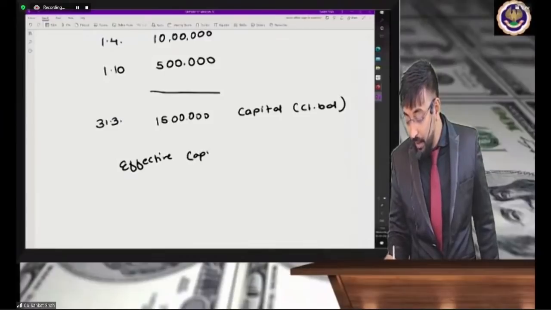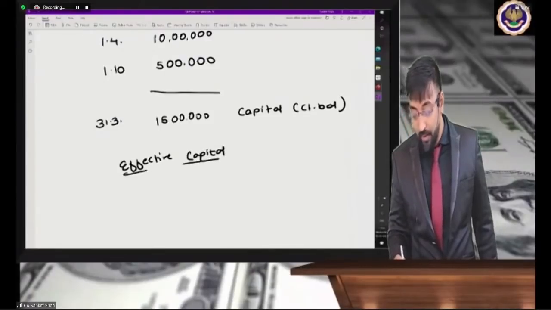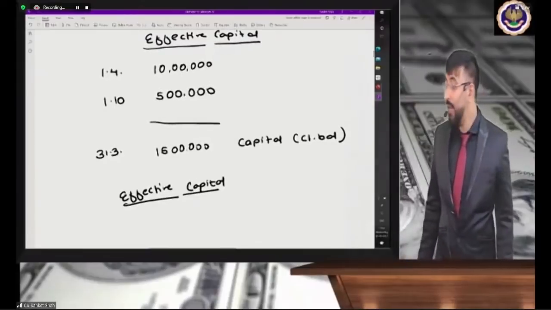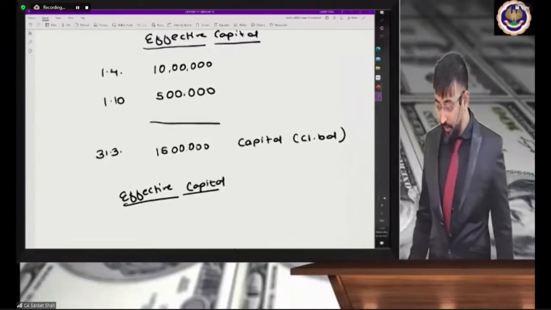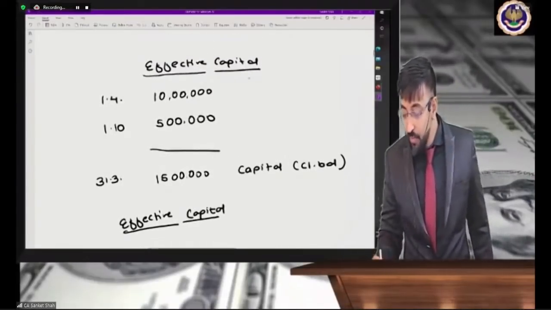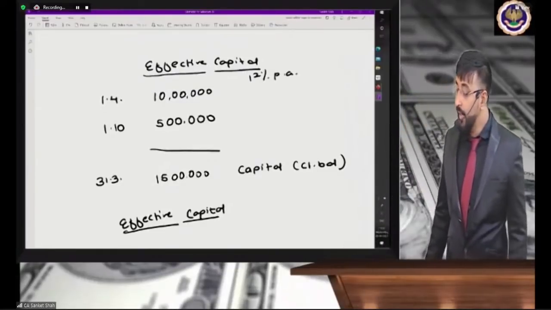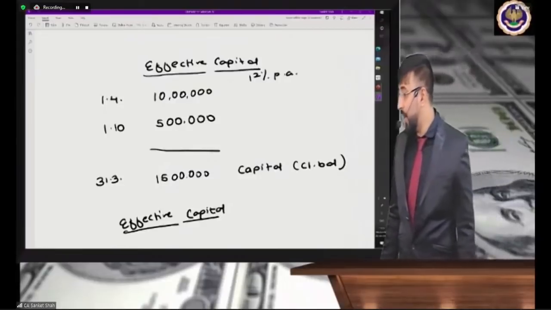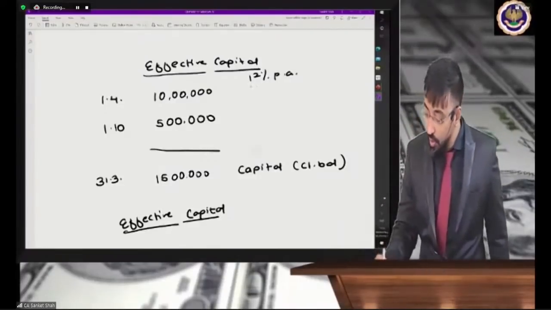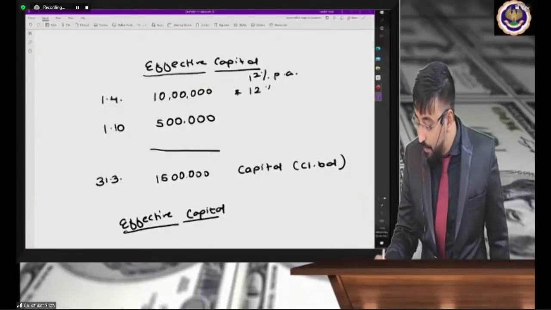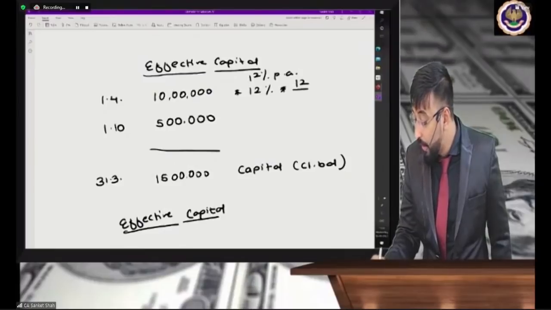Effective capital, why is it important? I'm giving you logical thinking. Assume interest rate is 12% per annum. So you will get interest into 12% for 12 months.